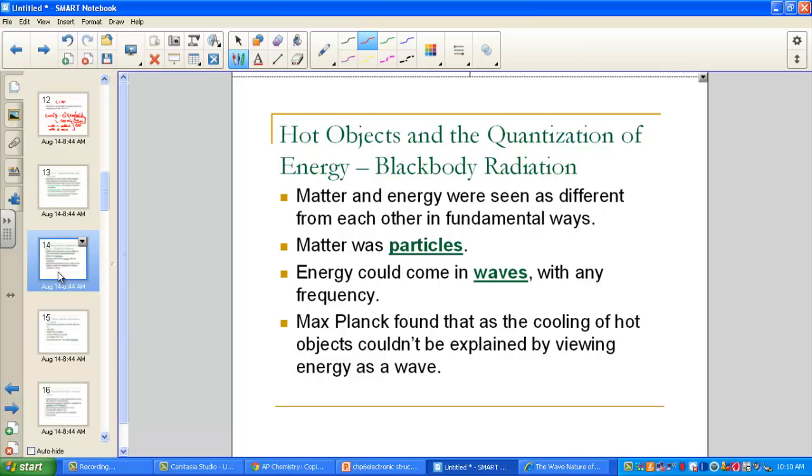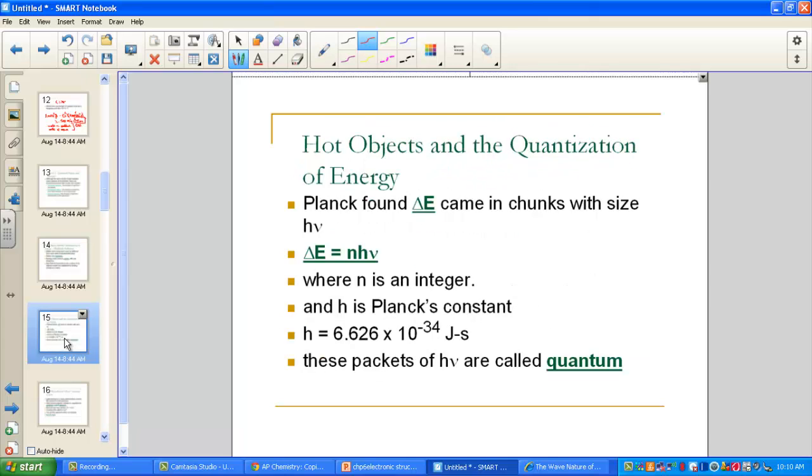Quantum means a fixed amount. When he studied fixed amounts of energy, he realized that he was beginning to lay the foundation of a whole new mathematics called quantum mechanics.